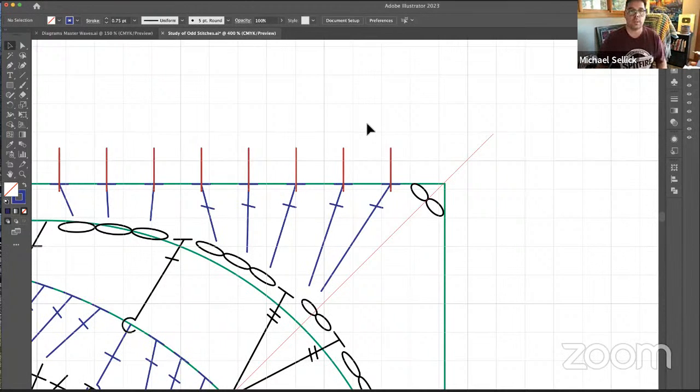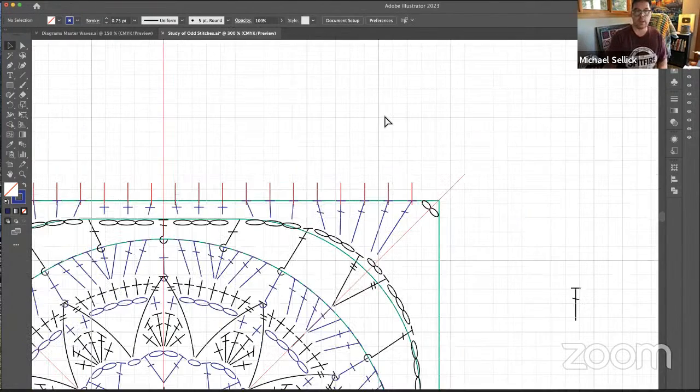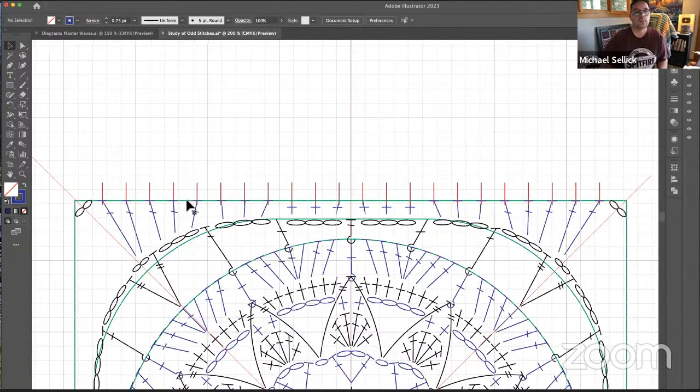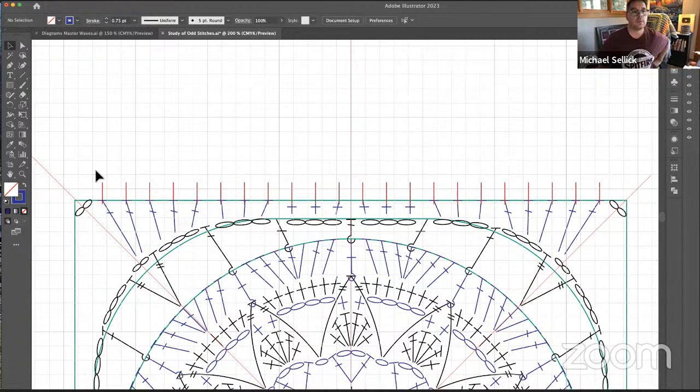So we have 22 stitches done. Let me just verify the count before I get too carried away. So there should be 1, 2, 3, 4, 5, 6 times 3 is 18, 19, 20, 21, 22. And we're going to move these guys out of the way.